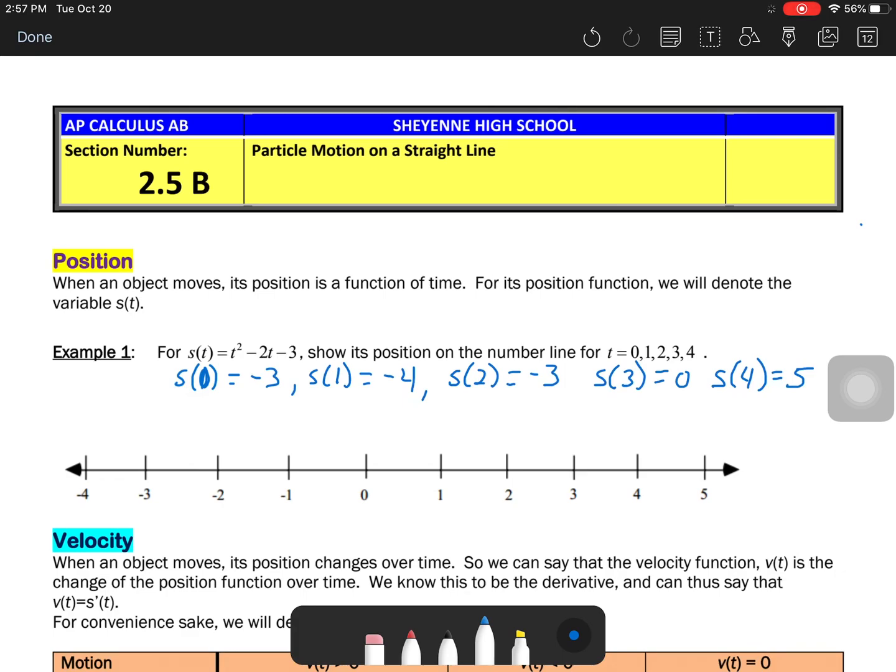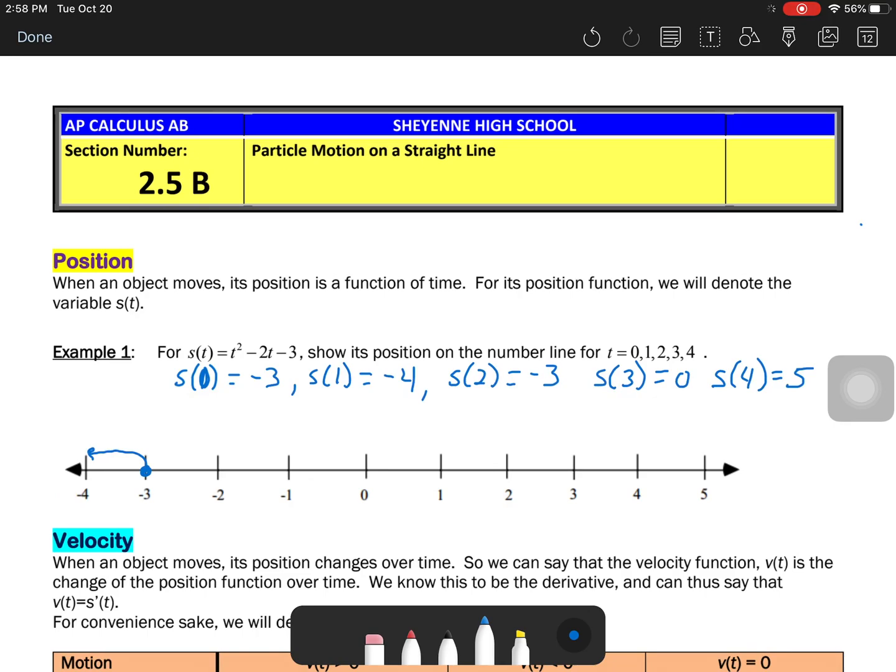What they want us to do here is denote this on our number line. At time 0, that's the first dot that I put on here. At time 0, I have a position of -3, so I'm starting right here. Now at time 1 second, I move to a position of -4, so I start moving this direction.